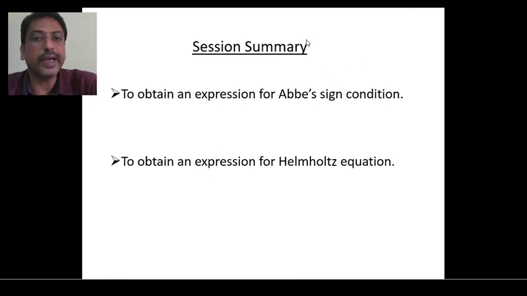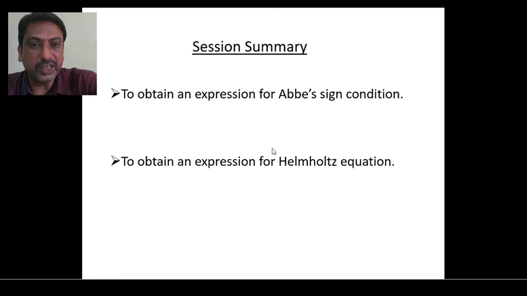CN is the normal drawn to the surface, and this refracted ray, when it is produced backwards, will meet the common principal axis at a point I, where it is going to form the point image. So O is the object point and I is the image point, which is a virtual image.